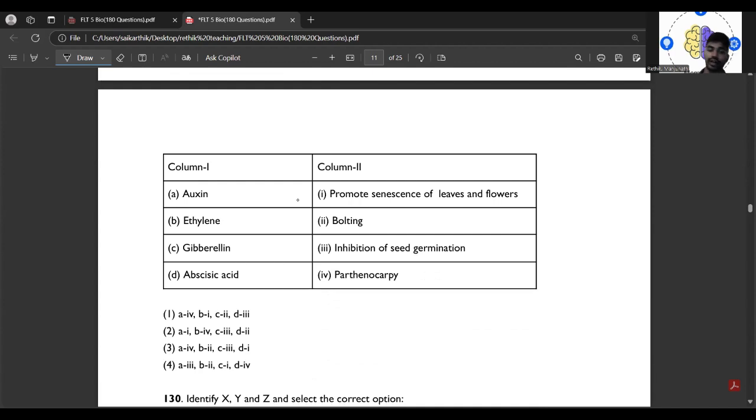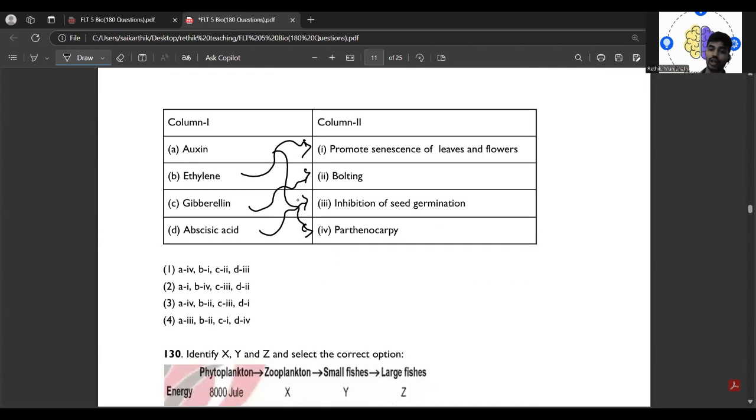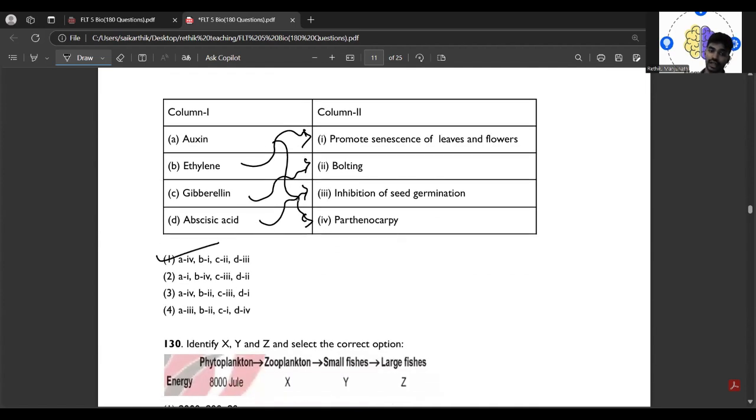So here, auxin, what would this be? Parthenocarpy. Ethylene promotes senescence of leaves as well as flowers. Then gibberellin is there, which causes bolting, and abscisic acid is also there, which inhibits seed germination. So according to that, the first one is correct.